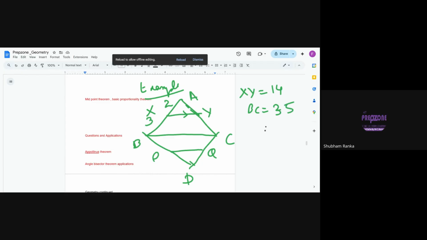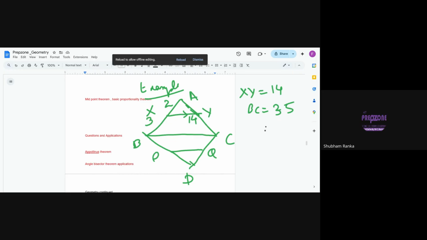So you will see that I can actually figure out the length of this, as XY is known to me as 14. And with this proportionality, if you notice AX upon XB, that is 2 is to 3, that would also be true for AY upon YC, 2 by 3.